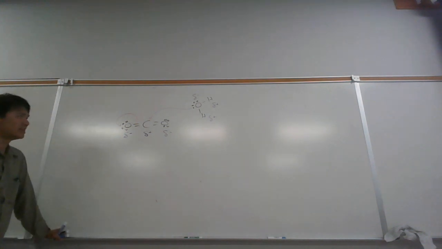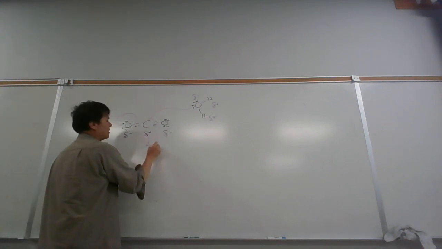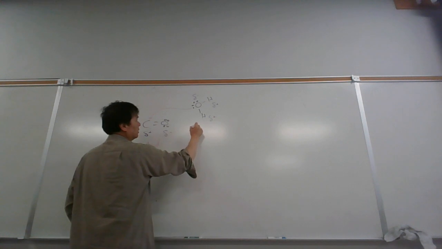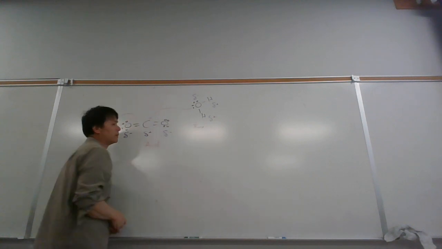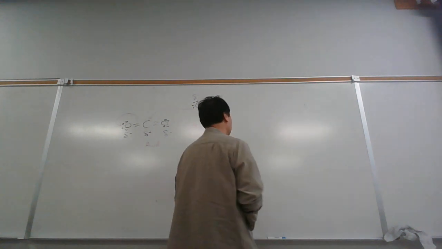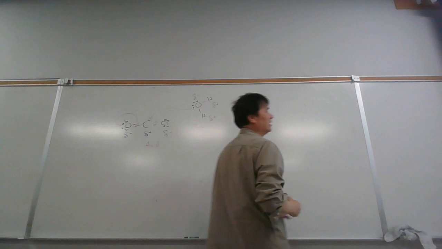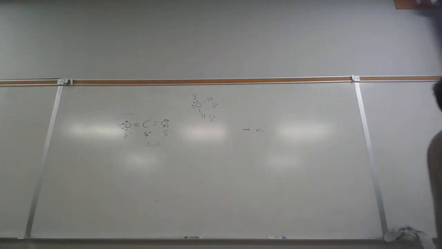And so we don't exceed the octet. In this particular reaction, CO2 is the acid, water is the base. This is just the first step, and that's all we're going to look at. And so we'll just say, etc. And eventually we have carbonic acid over here.